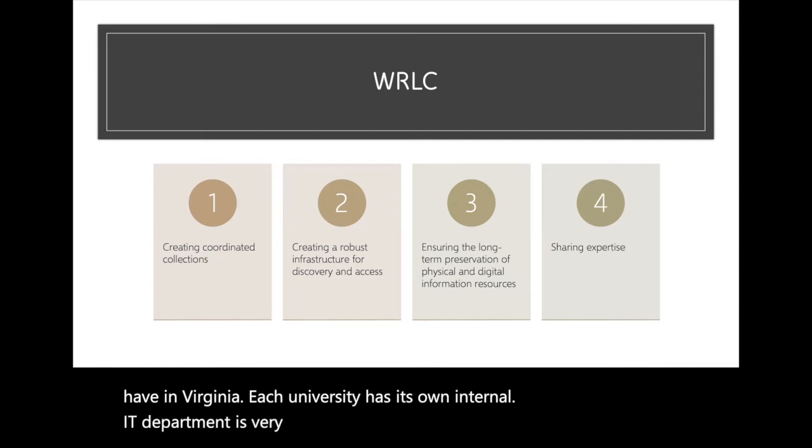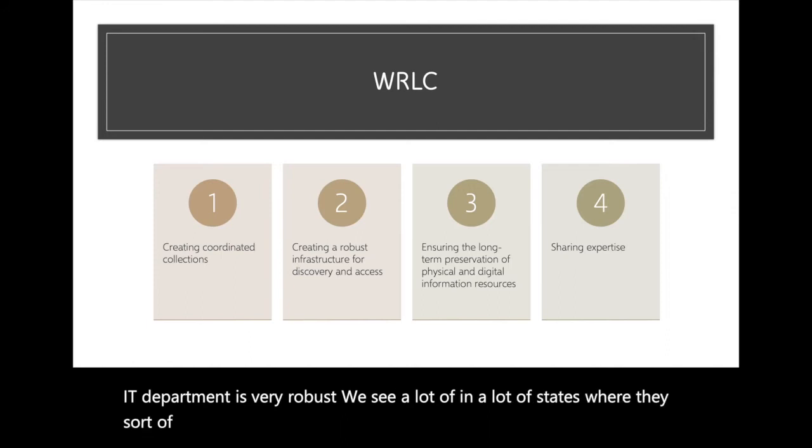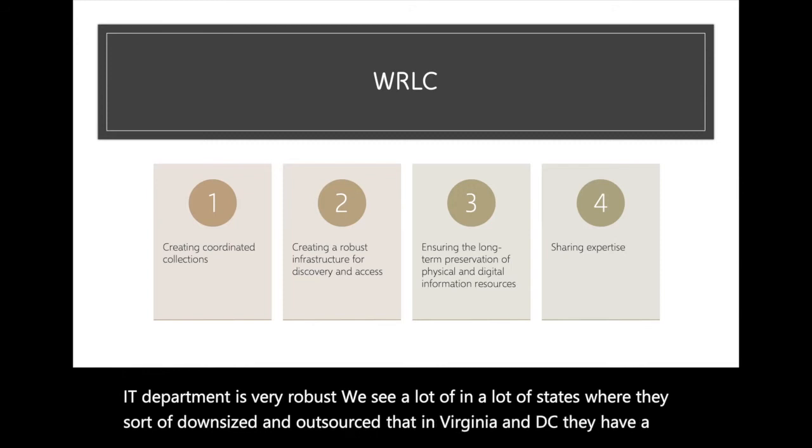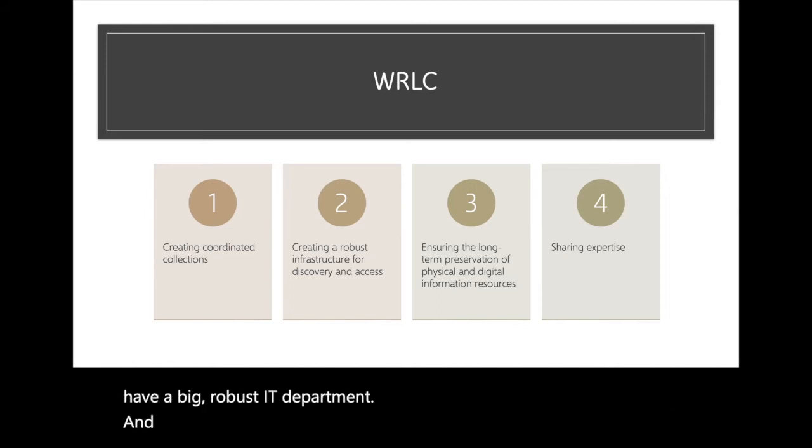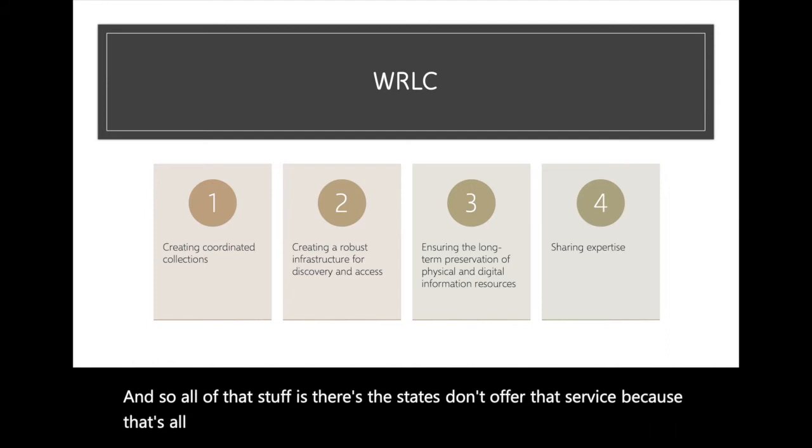We see in a lot of states where they sort of downsize and outsource that. In Virginia and DC, they have a big, robust IT department. And so the states don't offer that service because that's all done in each institution.